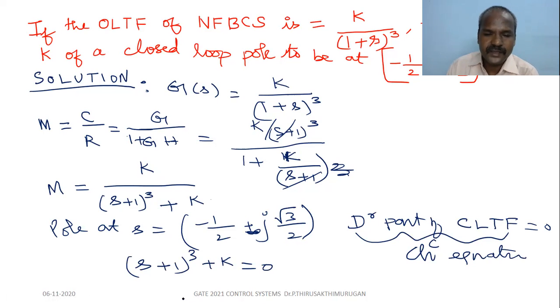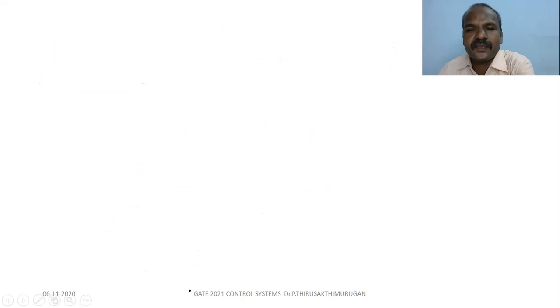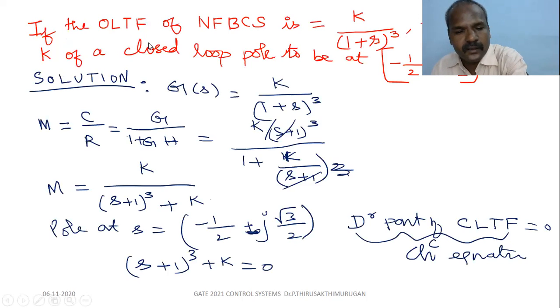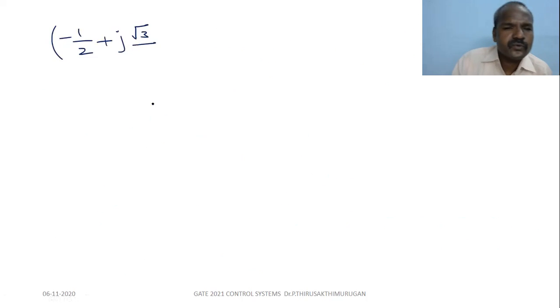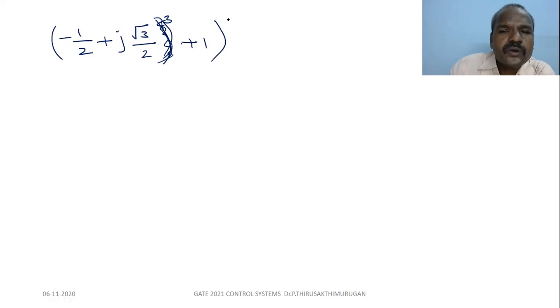Okay, so now instead of s we can substitute minus 1 by 2 plus j root 3 by 2, whole cube.